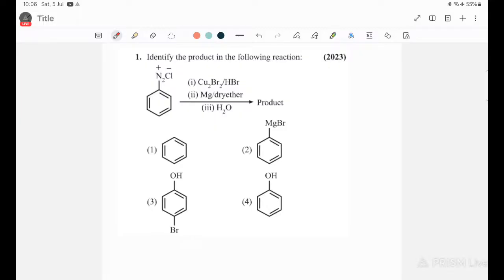I will try to clear the different concepts you have to build up, and through that you can crack these questions within almost 15 to 20 seconds. That is the main part I will cover: how you can solve these questions as fast as possible. So try to solve these questions and put the answer in the chat box.